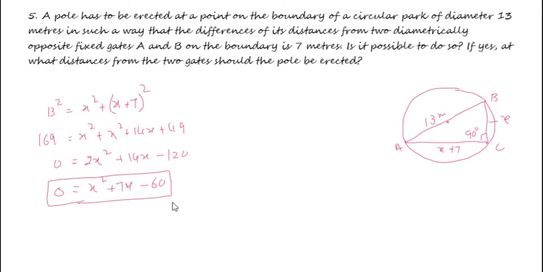We have to see whether this is possible. Let us find the value of the discriminant. B square minus 4ac. B is 7.